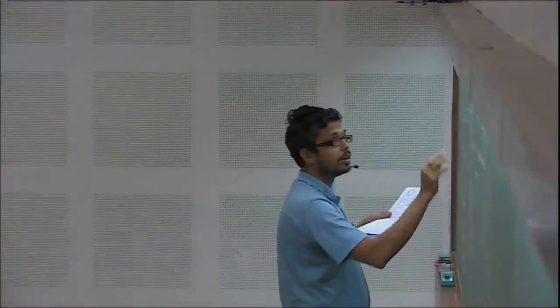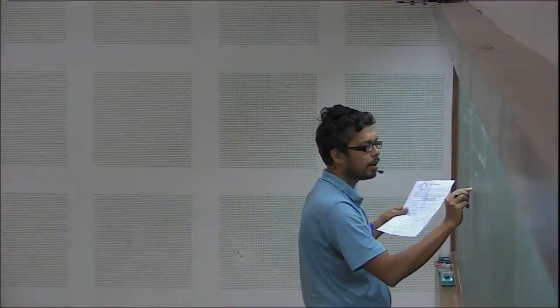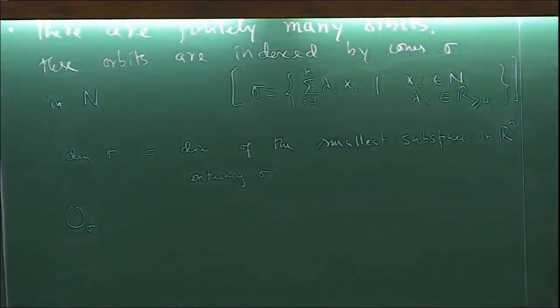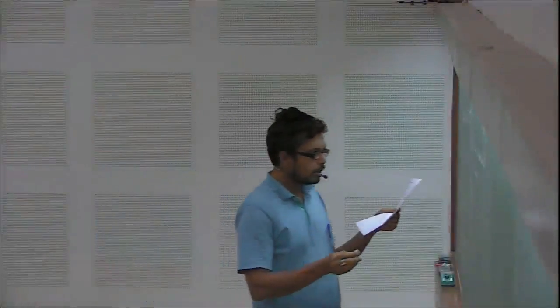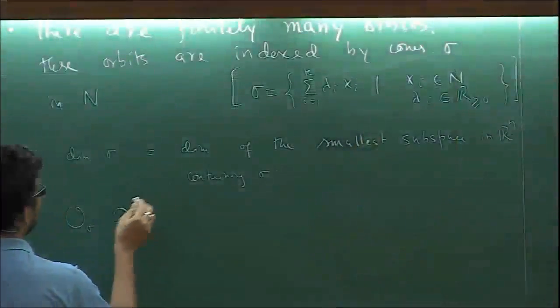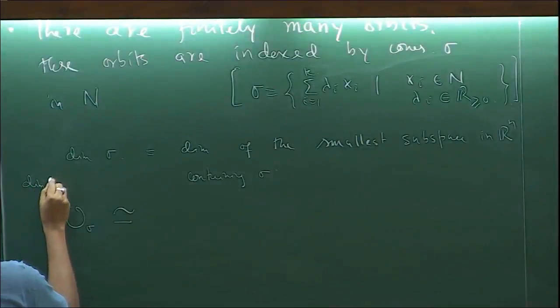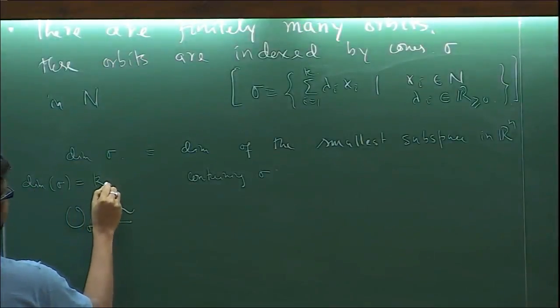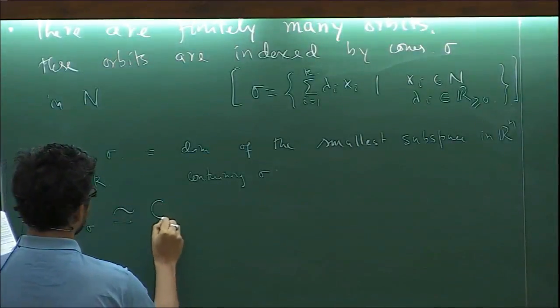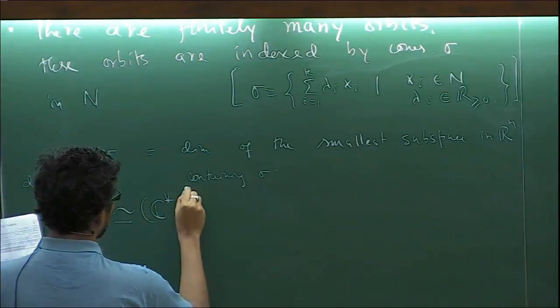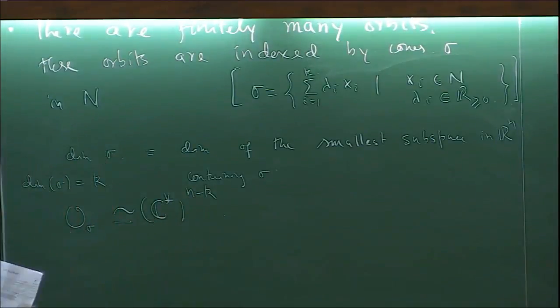So orbits are indexed by these cones, and O sigma is the orbit. If sigma is of dimension k, then O sigma is isomorphic to (C star) to the n minus k, where n is the dimension of X. What are the examples?